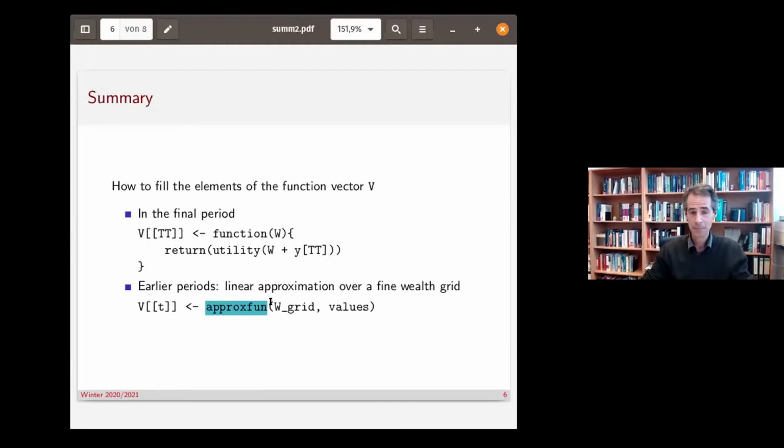So we need a grid, and in the exercise the grid was defined over the interval from 0 to 200 with fine little steps. So we can use the approxfun command, which actually returns a function, and this function is then written at the tth position of the object.